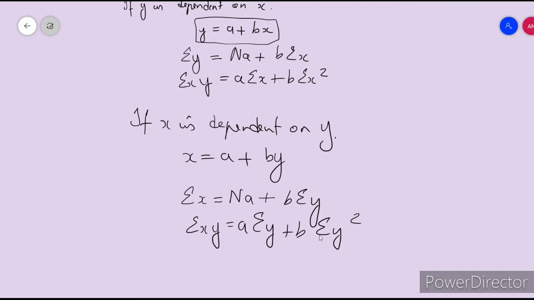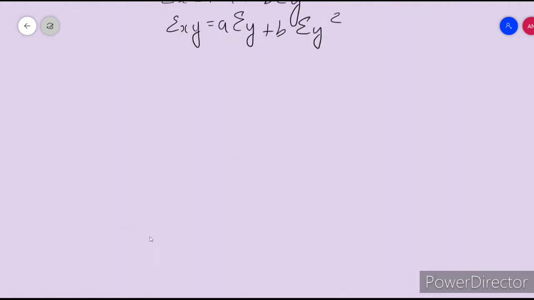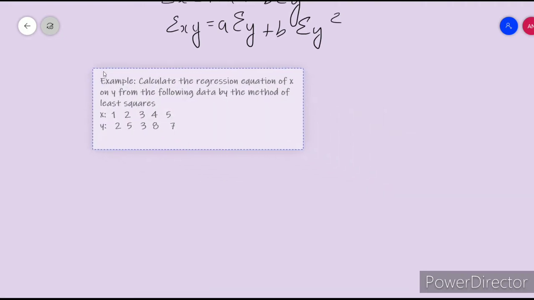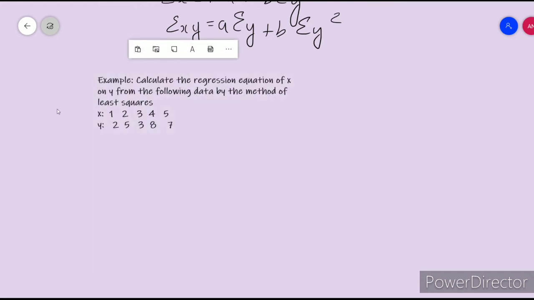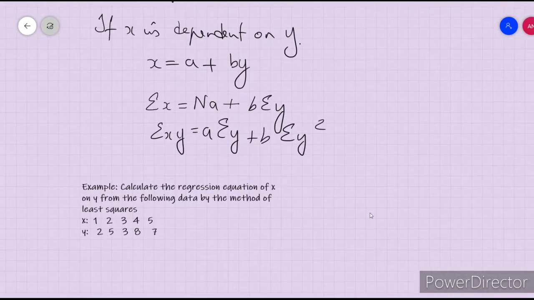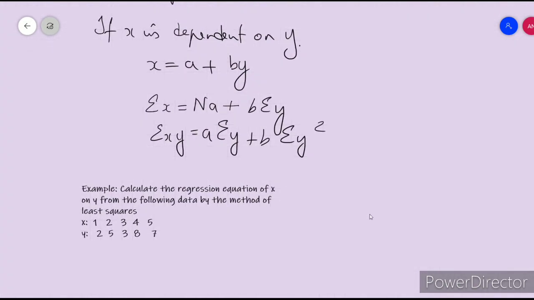So let us take an example of how we can find regression equations using the method of least squares. Here is an example where we have to calculate the regression equation of x on y from the following data. The regression equation of x on y tells us that x is the dependent variable, so our regression equation should look like this, and to find the values of a and b, we will use these two normal equations.